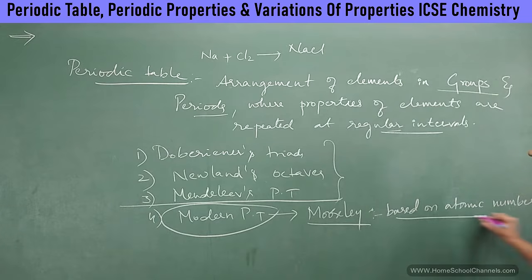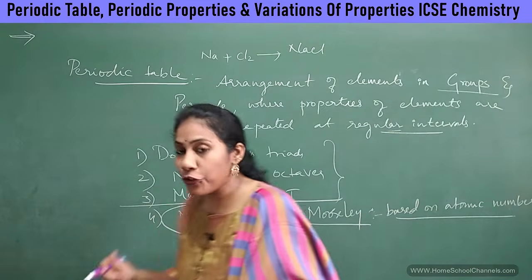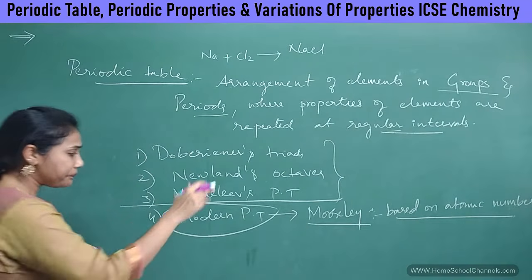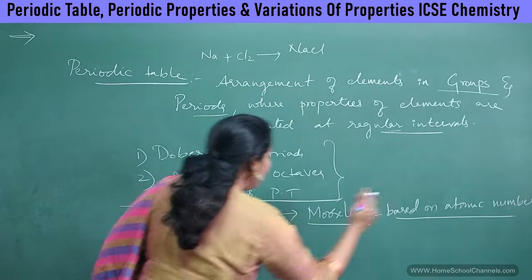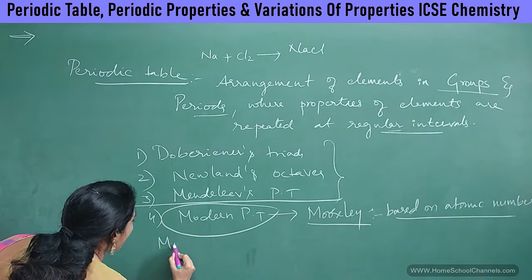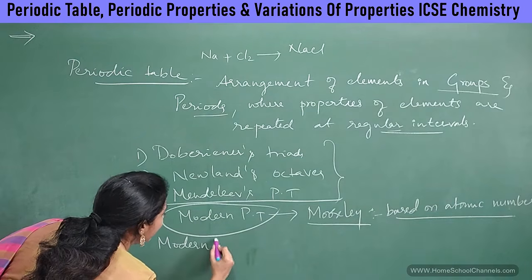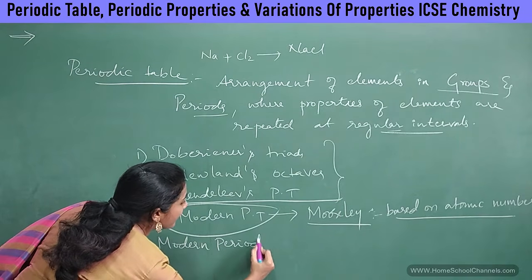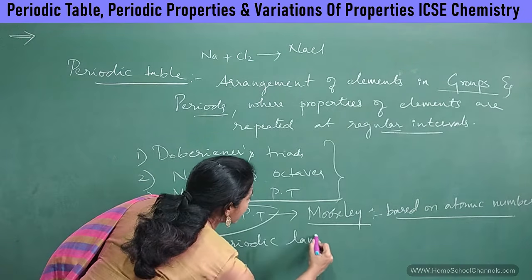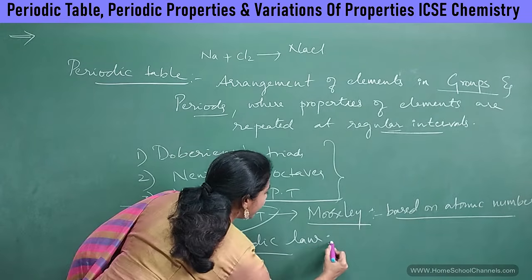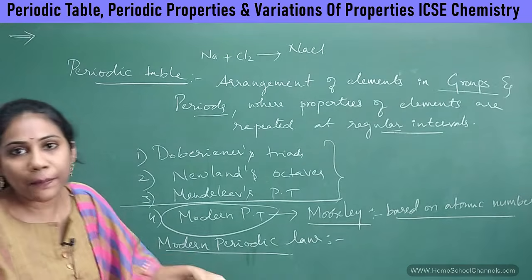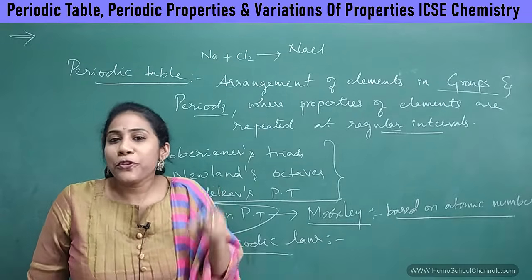And you have a definition that you have to know, very, very important. Our modern periodic table is based on the modern periodic law. This definition is really very important, so try to note down each and every point in your book so that it helps you for learning.